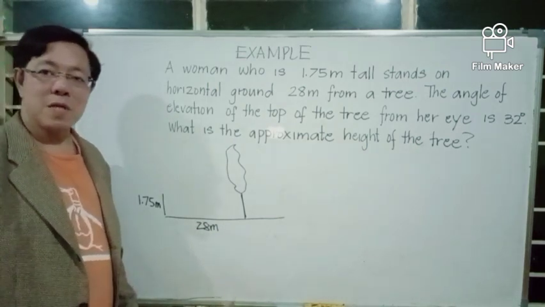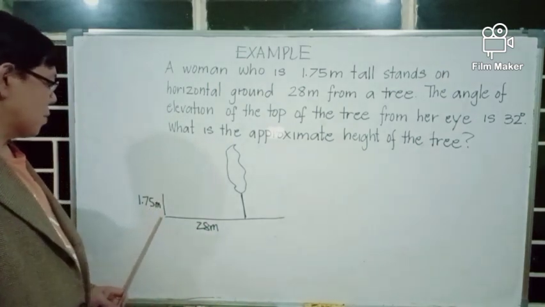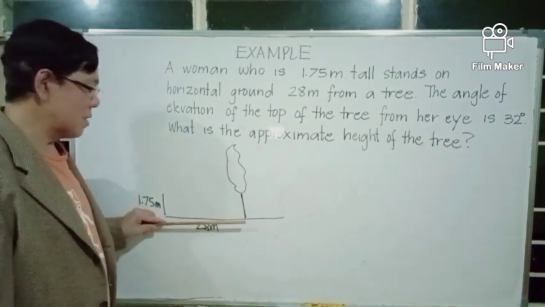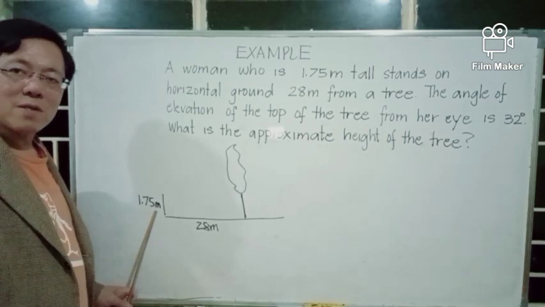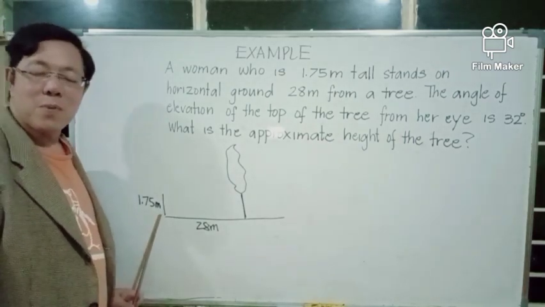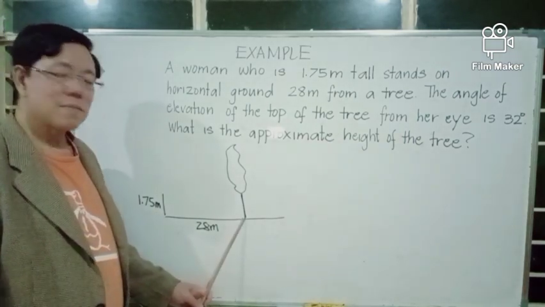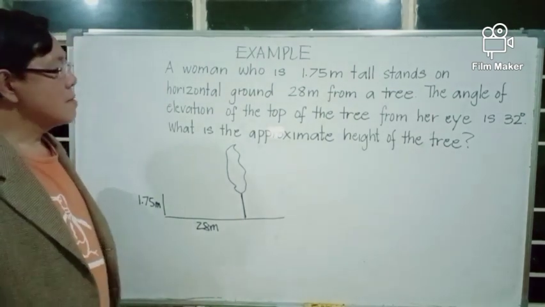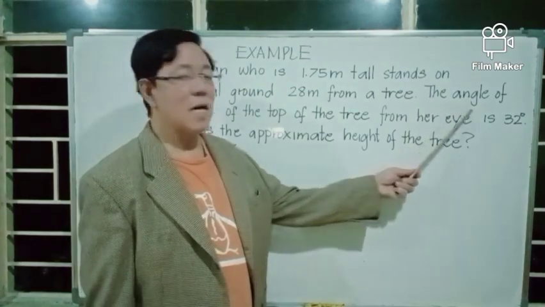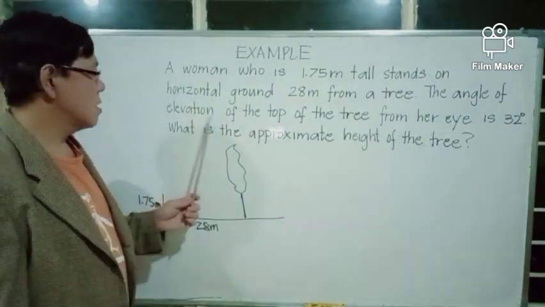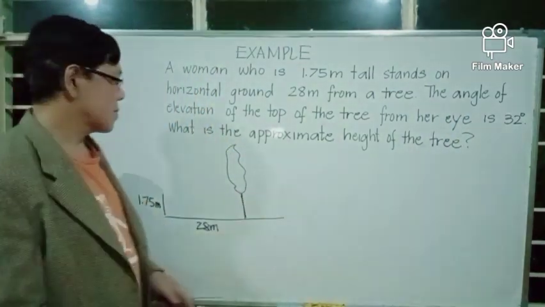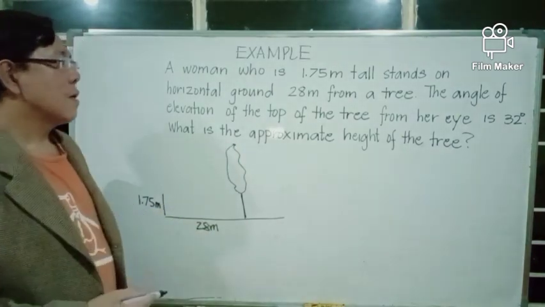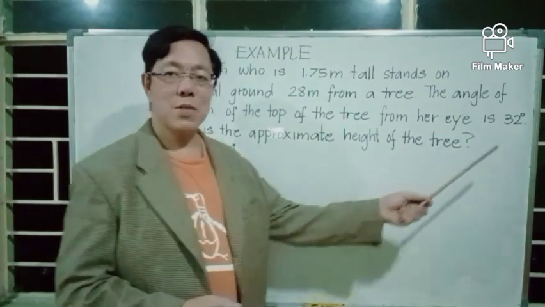These are the first two given. The height of the woman standing on horizontal ground is 1.75 meters, and the distance from the position of the woman to the tree is 28 meters. The next sentence says the angle of elevation of the top of the tree, we take this as the top of the tree, from her eye is 32 degrees.